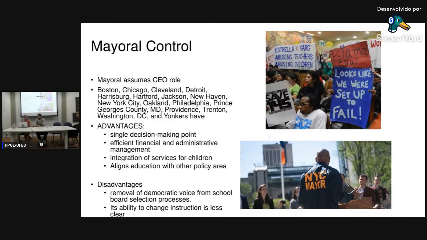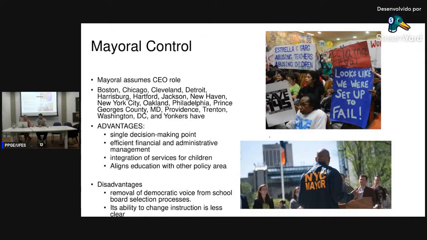It's called mayoral control instead of an elected school board. Então, houve um movimento nos anos 80 nos Estados Unidos principalmente da população negra e latina, que ao invés dos school boards, dos conselhos distritais serem os responsáveis pela gestão das escolas, quem ser o responsável pela gestão da escola ser o prefeito.